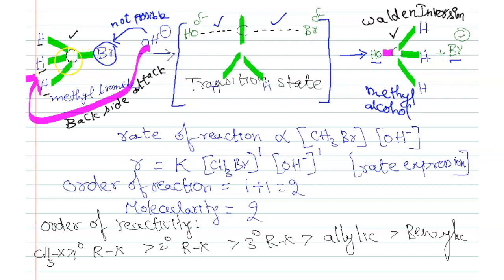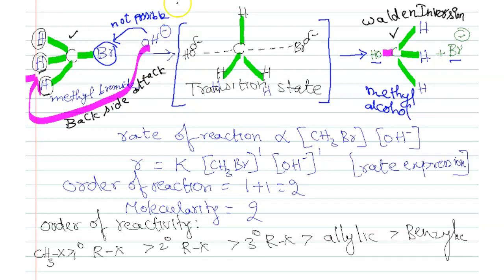Here in CH3X, hydrogens are very small groups. That's why between the hydrogen atoms there is a gap, and in that gap OH minus will attack. Then the reaction is possible. In CH3Br, hydrogens are very small groups, so OH minus attacks on the backside very easily.